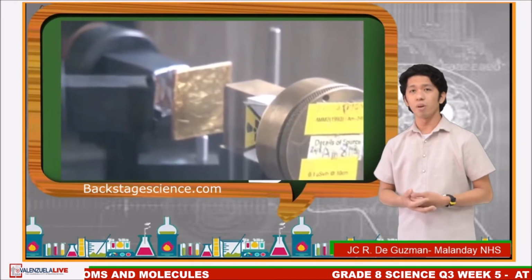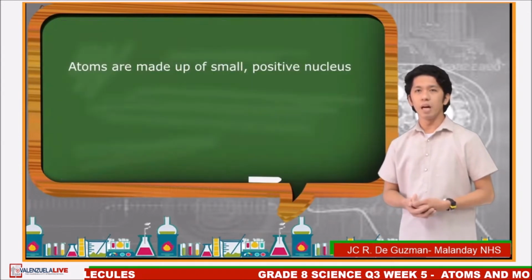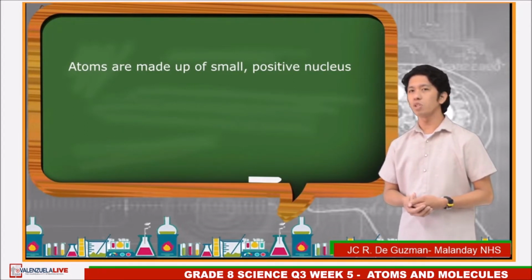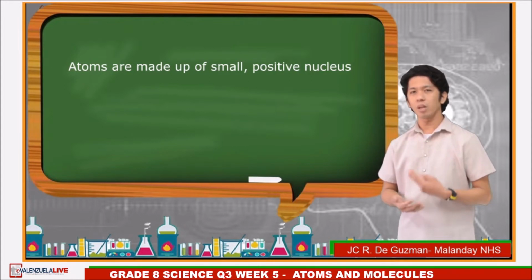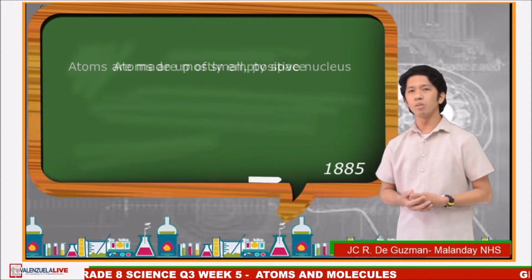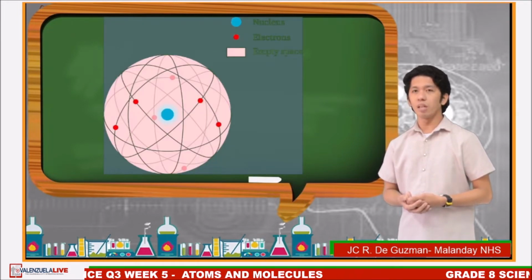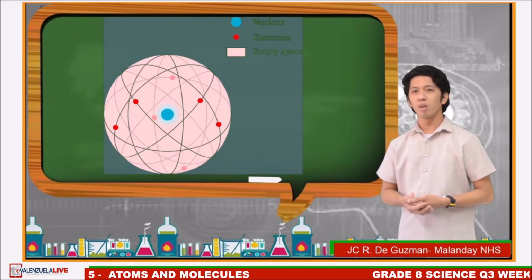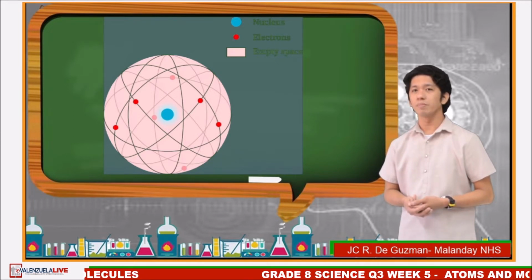He then formulates his conclusions, which are: atoms are made up of small positive nucleus. Positive nucleus pushes away the positive particles. The second one, atoms are mostly empty space, which ended up with his nuclear model of the atom that shows a positively charged core called the nucleus and a negative charged electron that orbit around the nucleus.